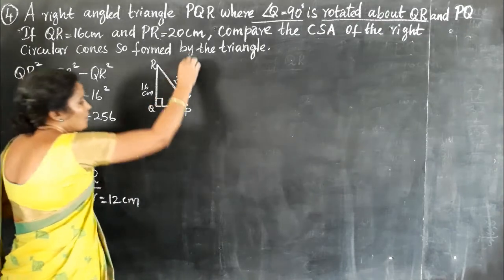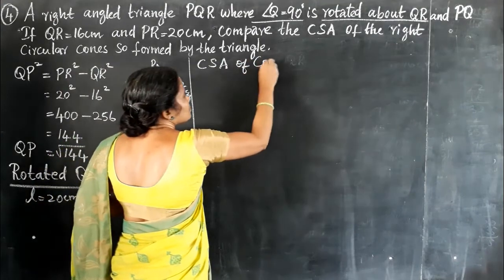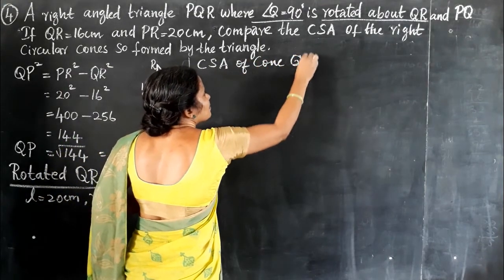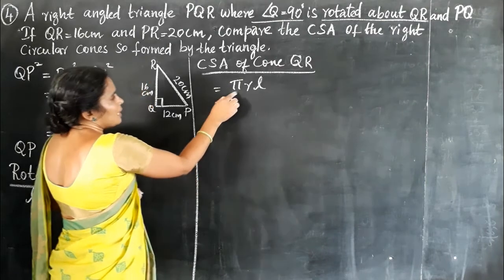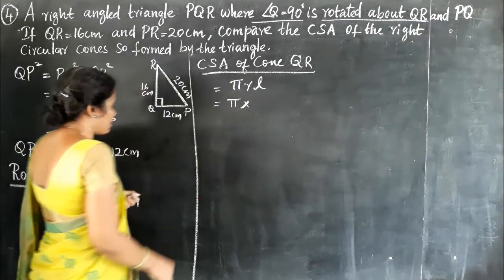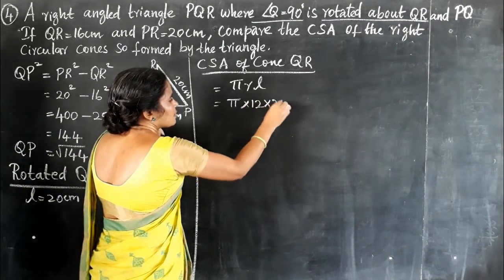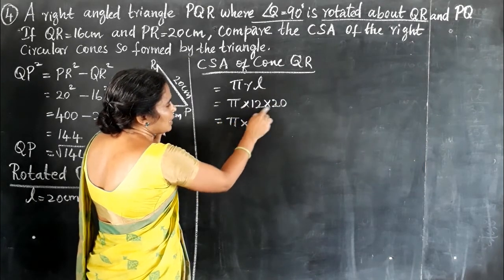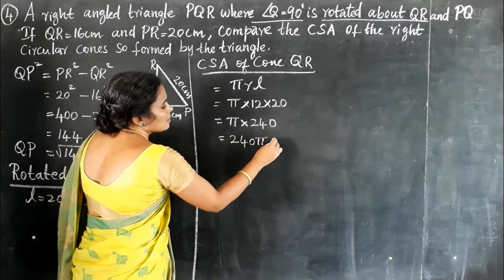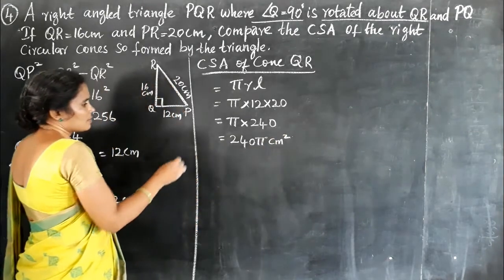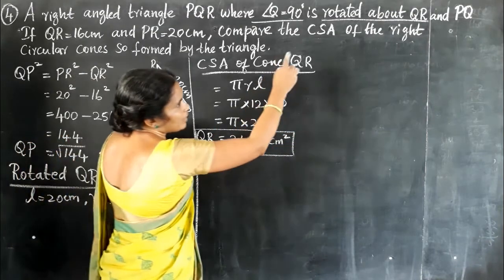Now CSA of cone is pi R L. Substitute the values, keep pi as is: pi into 12 into 20. 12 twos are 24, 0, so 240 pi centimeter square. So CSA about QR is equal to 240 pi.